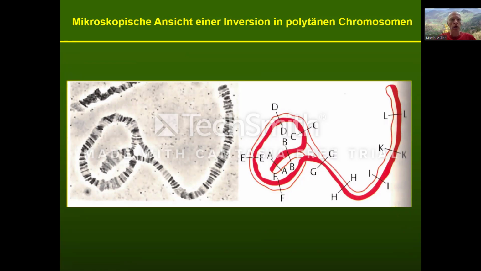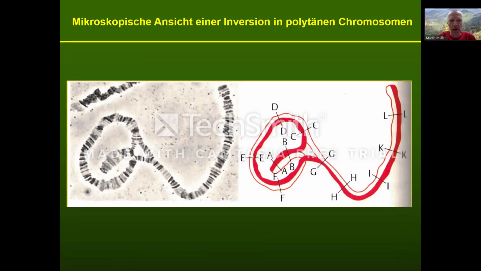Here there is the loop which I proposed to you an inversion should have. So here is this chromosome part here, and you can see telomere, telomere, and then the inverted part. This is the loop which forms. And by now reading the pattern of bands and interbands, you can determine where on the chromosome the breakpoint has occurred.